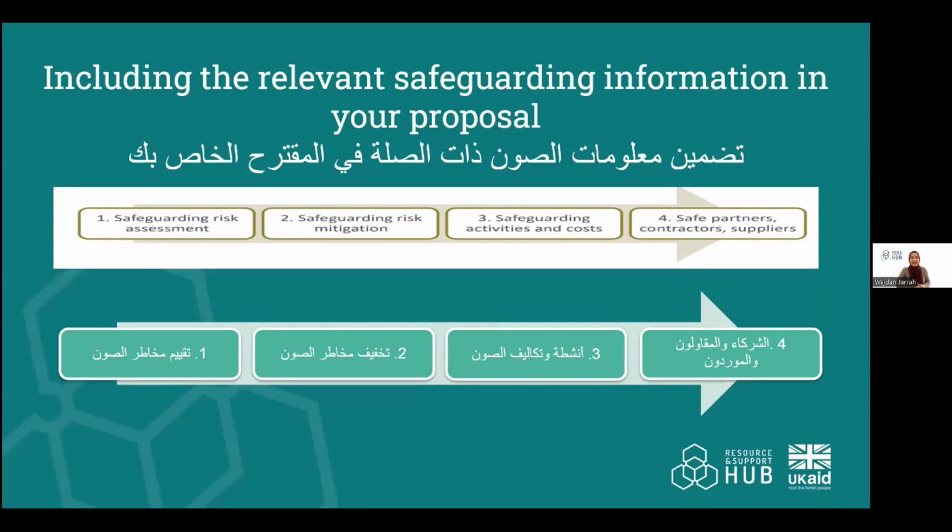Now I'm going to move to the third step, which is talking about how I can include safeguarding activities and costs. I know all the risks, I know everything, but what about the budget? What about the costs? I will have to take into consideration, for example, do I have an officer, an employee to follow up with safeguarding?